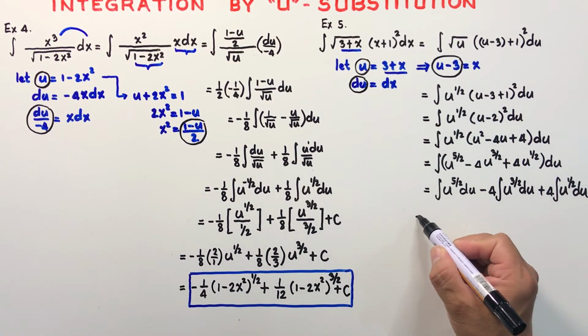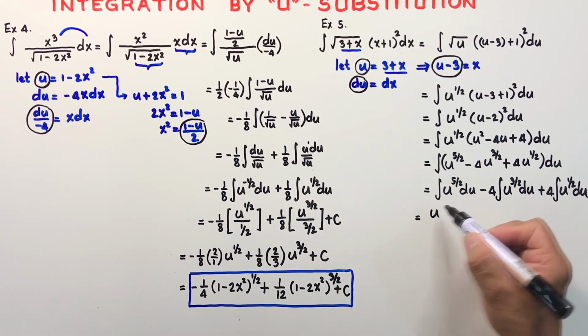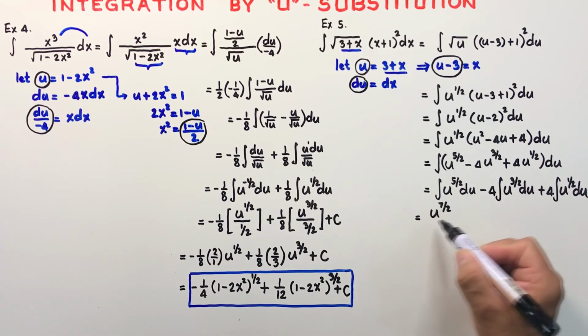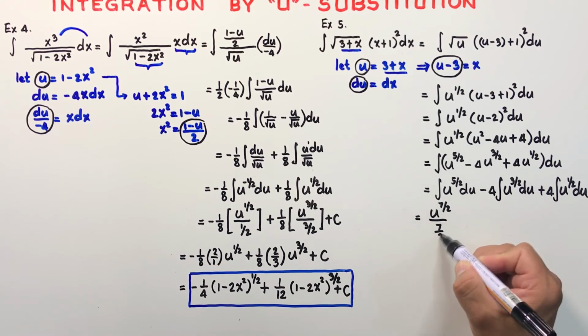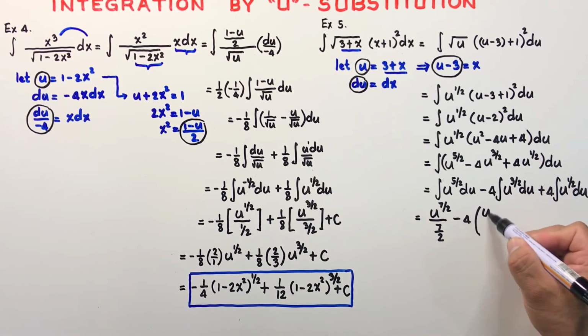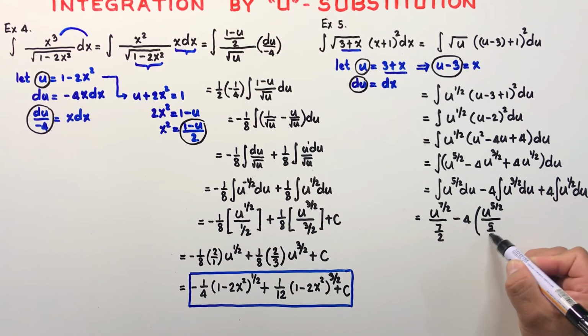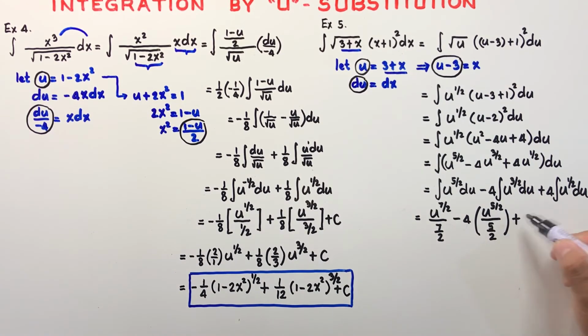So, applying our power rule in integration, we have u to the power 7/2 over 7/2 minus 4 times u to the power 5/2 over 5/2, and this is added to 4 times u to the power 3/2 over 3/2, and this will be added to the constant of integration c.